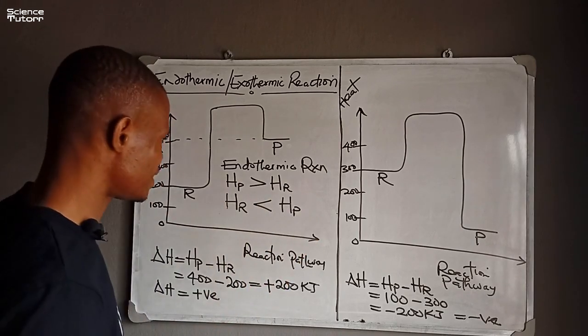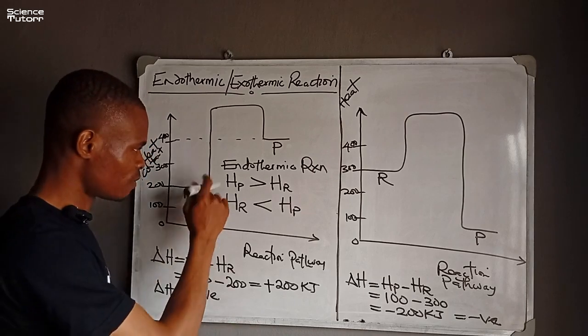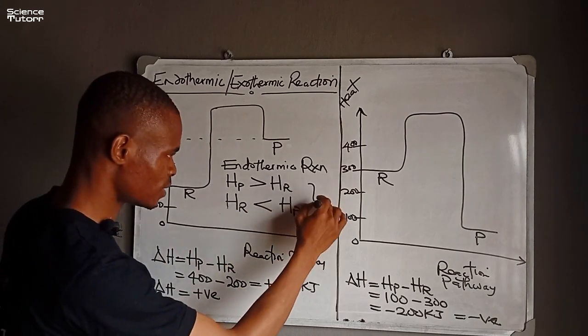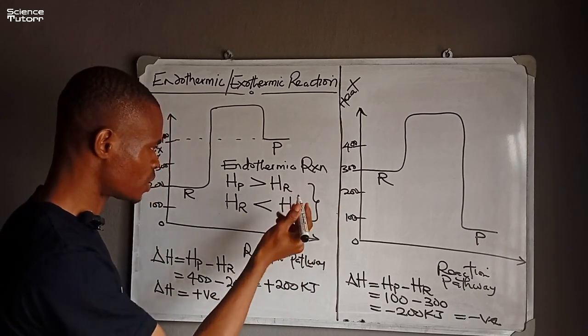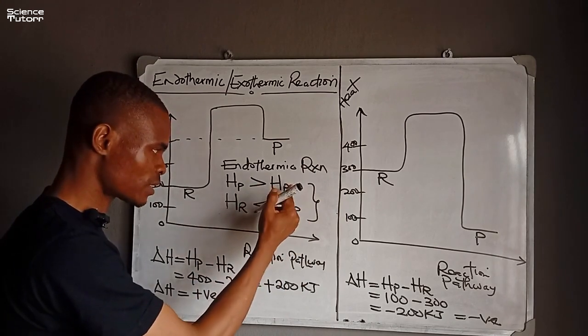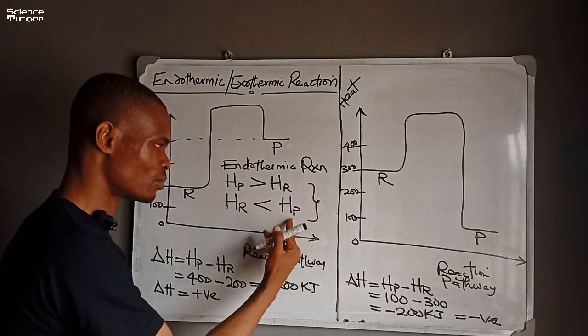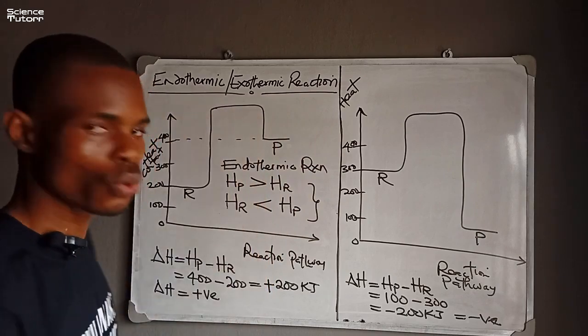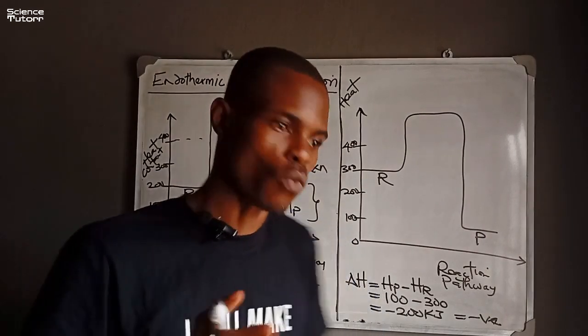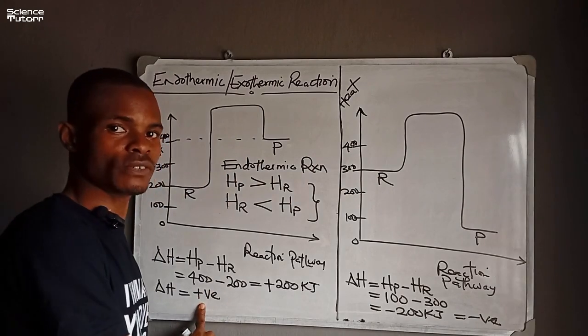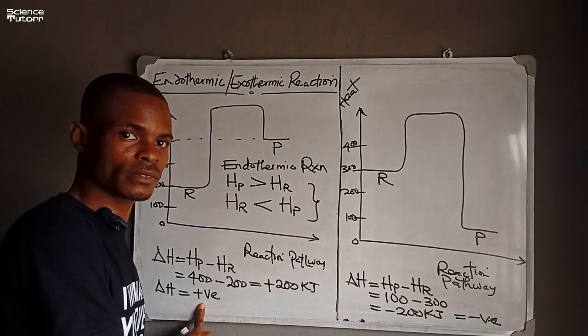Many times students get this confused, but it's vital for them to take note of this so that they don't mix it up. Product greater than reactant, or reactant less than product. This defines an endothermic reaction. Why? Because we have a positive enthalpy.